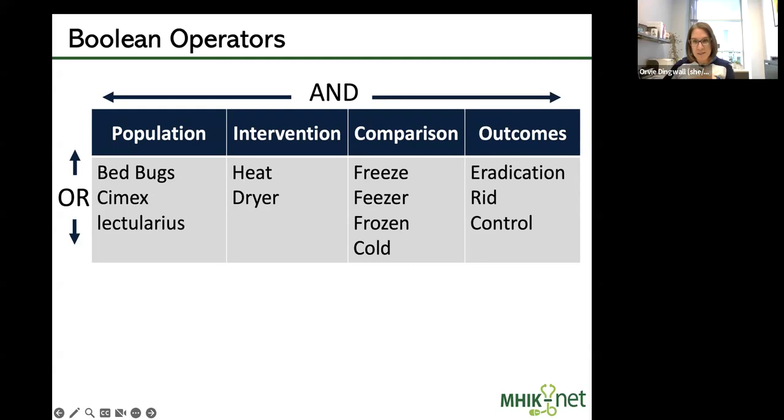Because many people are new to this concept about PICO, another trick that Gail and I use too is that sometimes there's just not a lot of evidence on one topic. So don't feel like you have to have search terms for all of these categories.